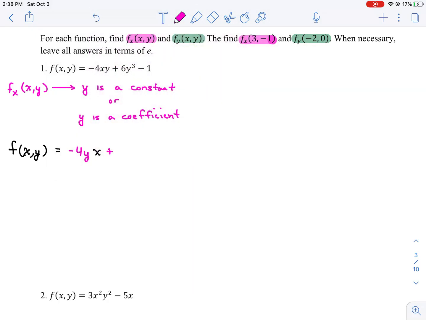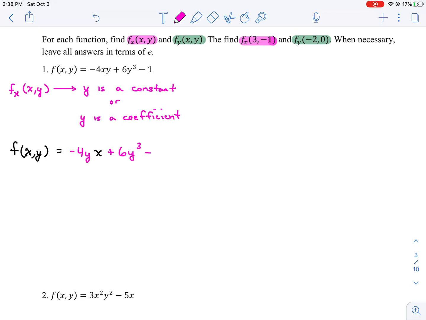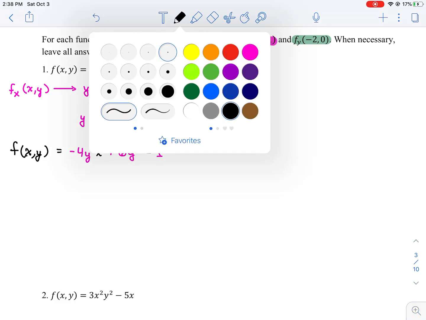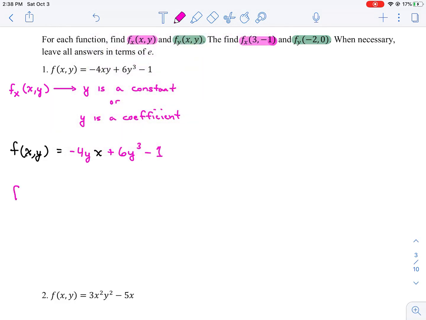In the second term, 6y cubed is a constant. And in the third term, 1 is a constant. And so now we are ready to take the partial derivative with respect to x.